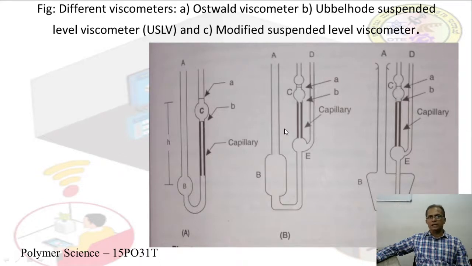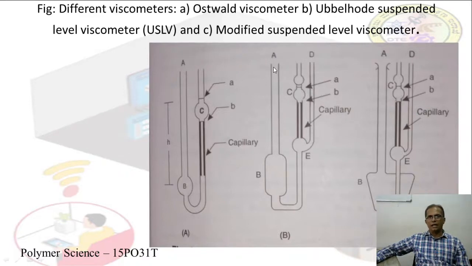And this is the second type of viscometer which we can use for this test, that is the Ubbelohde suspended level viscometer. The construction of this viscometer is a little different from the first one, which has the four bulbs.